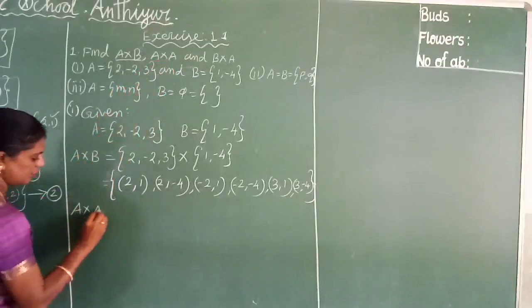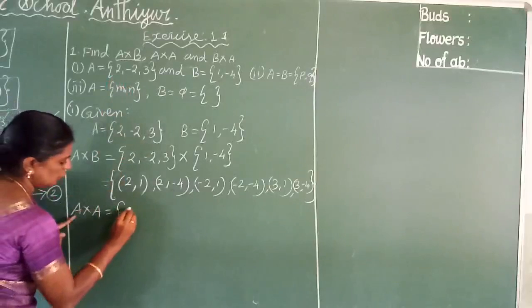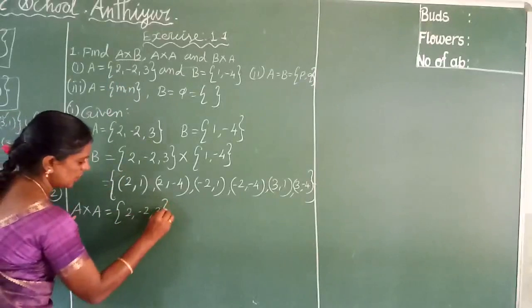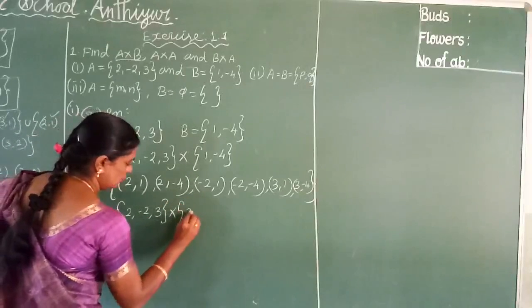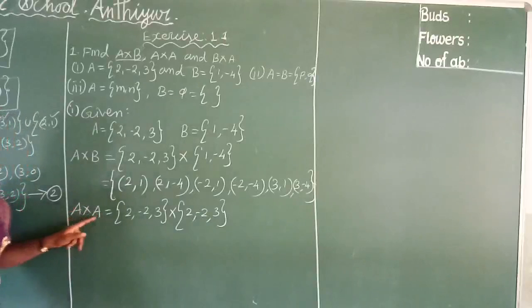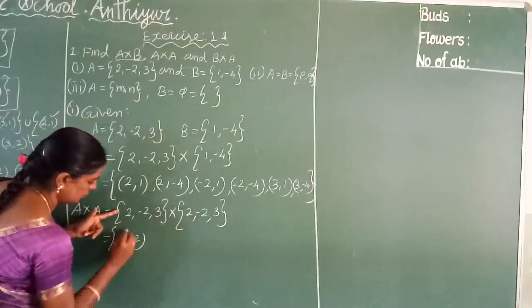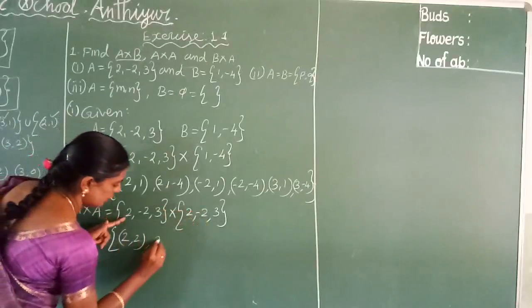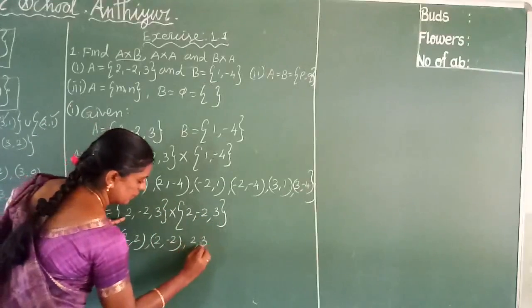A cross A means first you write A, which is {2, -2, 3}, crossed again with A, {2, -2, 3}. So write (2,2), (2,-2), (2,3).